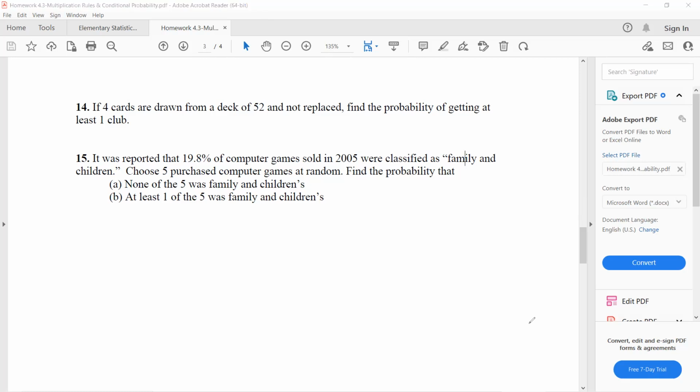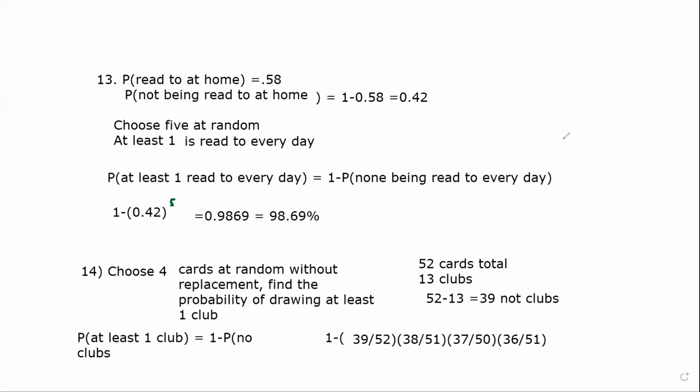This is problem 15 part A. So we have 19.8% were family and children related, right?